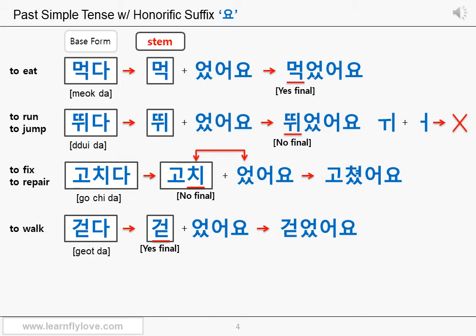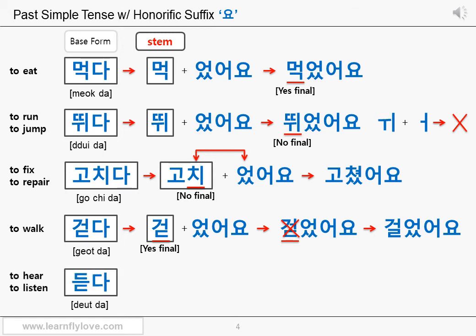When the stem of this verb 걷다 meets the round empty iung consonant, the final d consonant turns into the l consonant. So it's not 걷었어요, but it must be 걸었어요, 걸었어요. As I said, this is not a universal rule. You need to memorize each verb conjugates irregularly one by one independently.